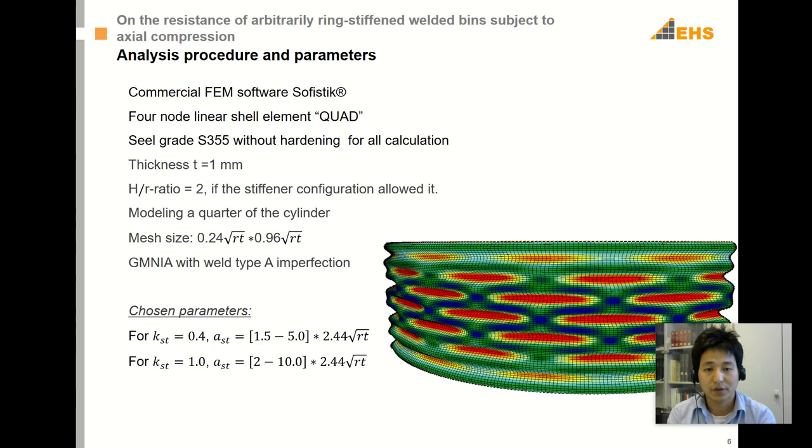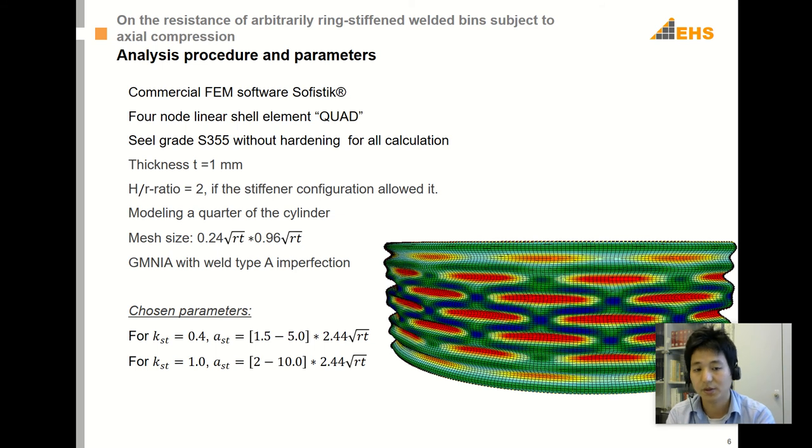For the parameter study, we used the finite element software with a shell element, and we assumed all material is S355 steel without hardening. The reference thickness is 1 millimeter, and the height to radius ratio was defined as 2. But if with this height it can only fit fewer than 3 ring stiffeners, then we increase the shell height.